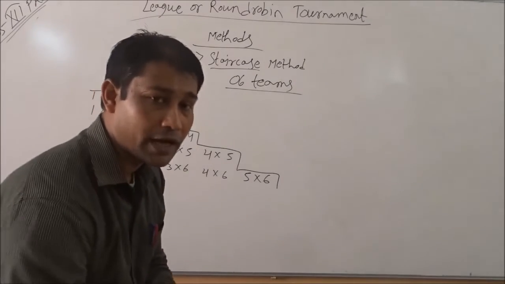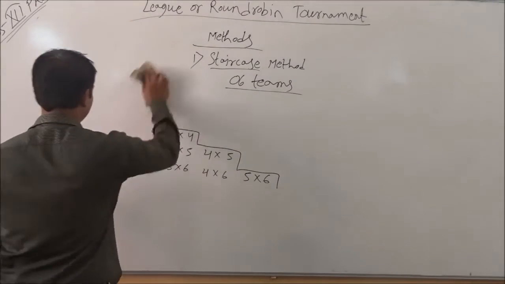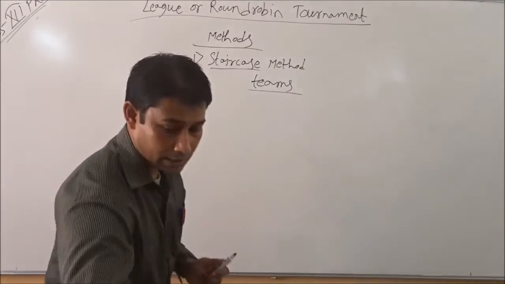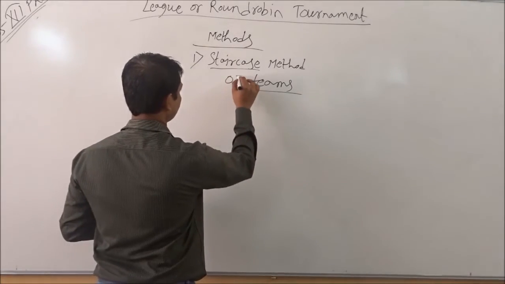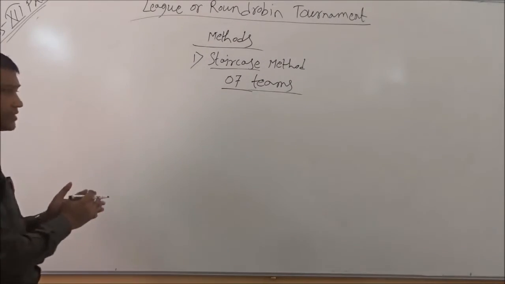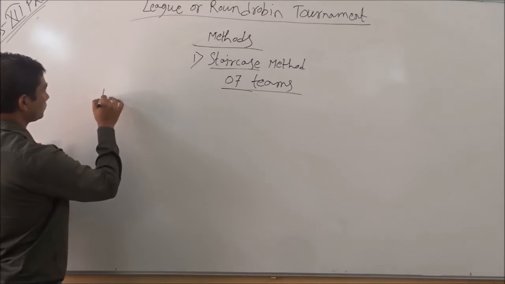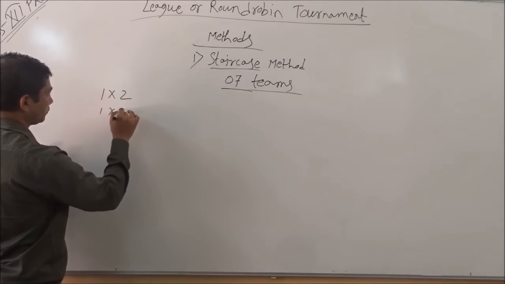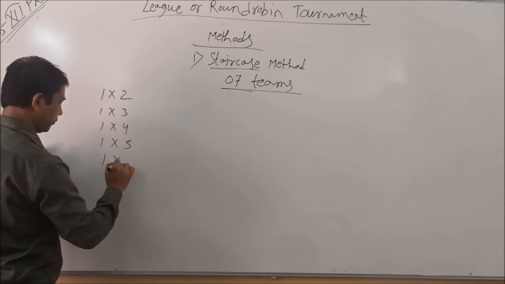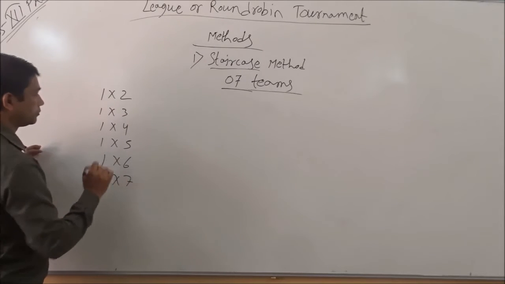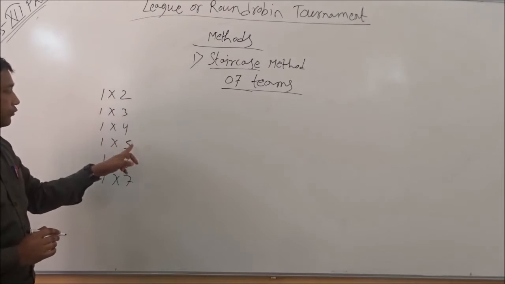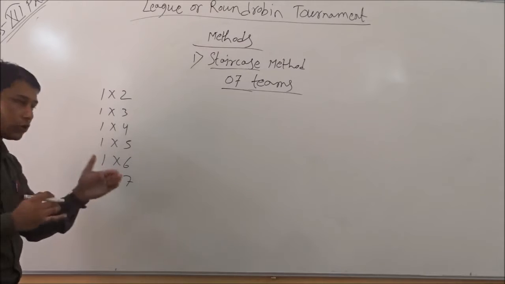Now let us move to an example of odd number of teams participating. Let us do a sum of 7 teams participating in a staircase method. So the process remains same. Just check. 1 has been kept constant, 2, 3, 4, 5, 6, 7 are kept on alternating.